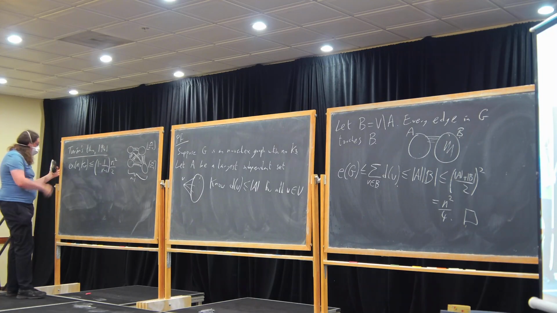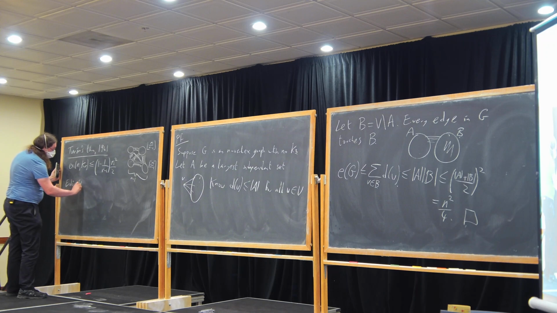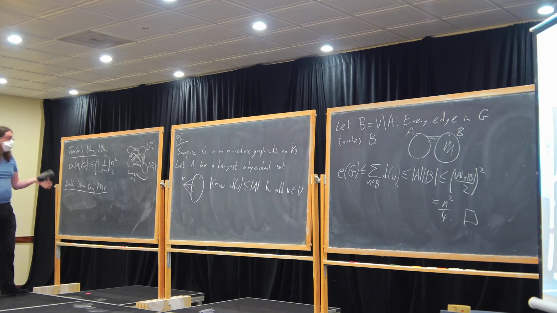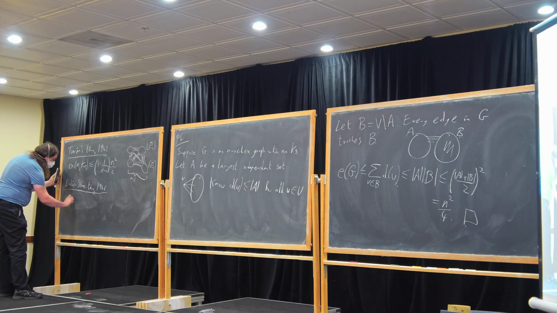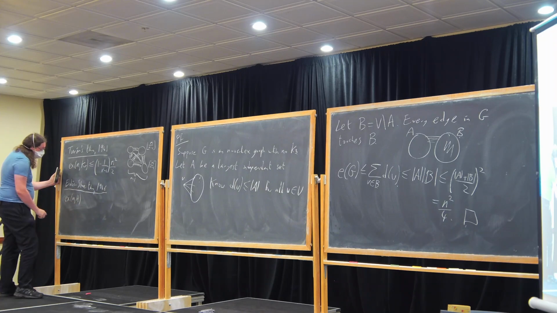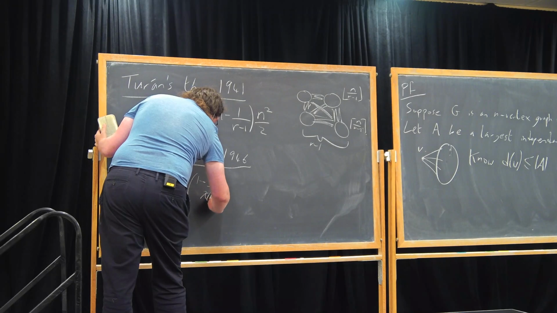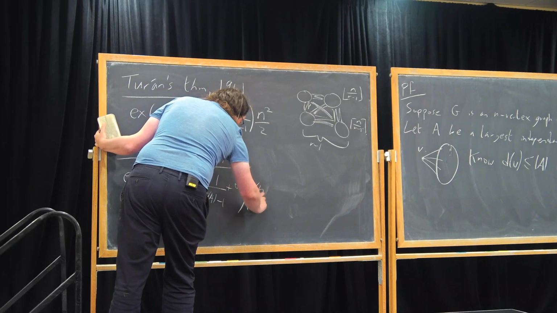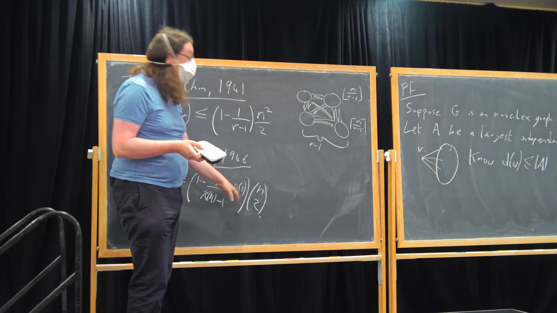A generalization of this, not long after, is due to Erdős and Stone. It's sometimes also called the Erdős–Stone–Simonovits theorem, who observed the chromatic number connects to it. The extremal number of a general graph H is actually (1 minus 1 over the chromatic number minus 1) times n choose 2, up to some little o factors, and those little o factors can cause trouble.